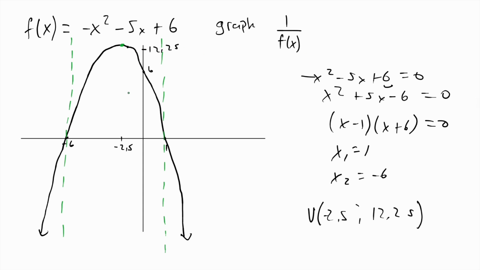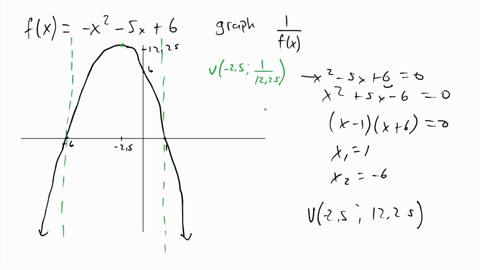And we also know that the y-coordinate of our vertex is going to become its reciprocal. Our vertex is no longer going to be negative 2.5 and 12.25, but instead, let me indicate this, the vertex is going to be negative 2.5 and 1 over 12.25.